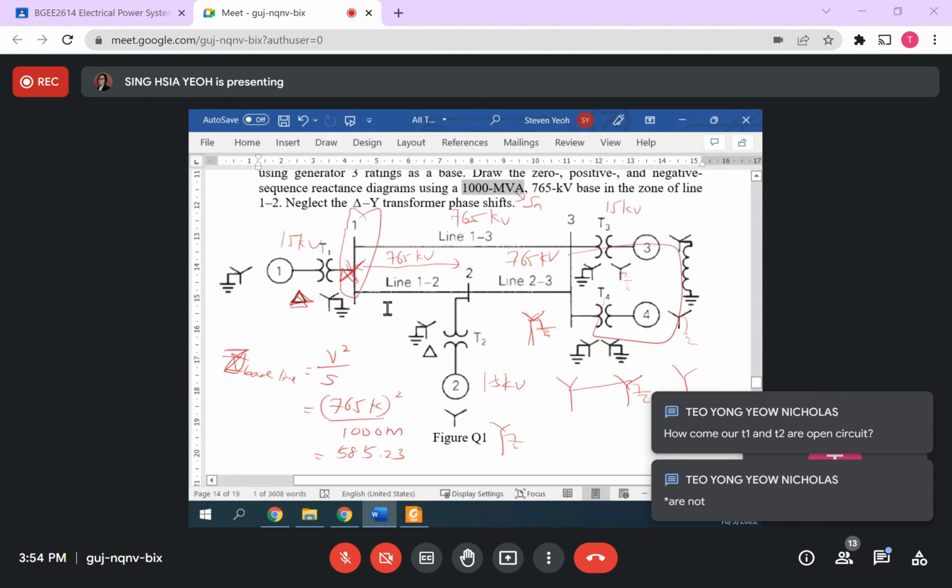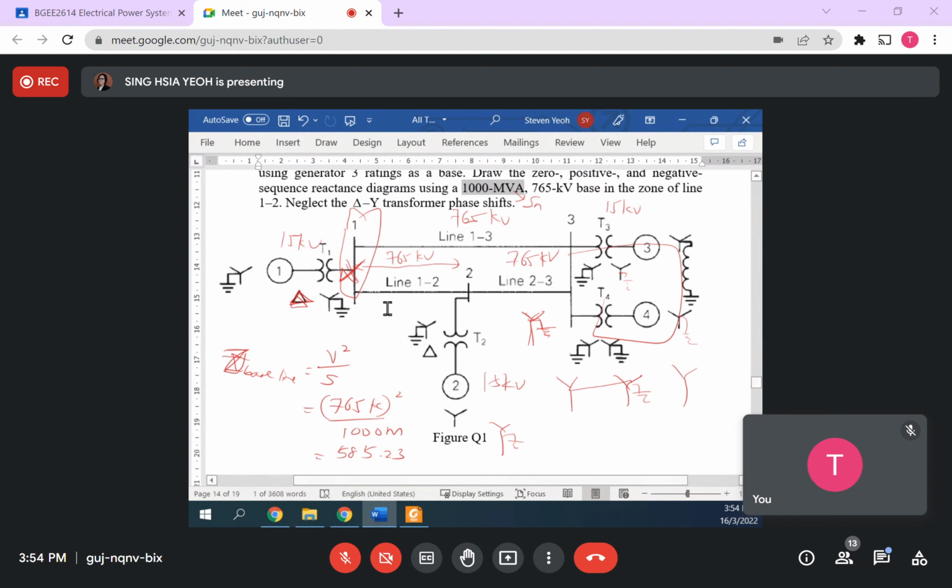T1 and T2 are not open circuit. Based on my understanding, it is delta here so it is already open here, and this Y ground means it will stop here and then go straight to ground. I know my explanation may not be acceptable, but as I say, this is a big topic if you want to know the Y delta thing.